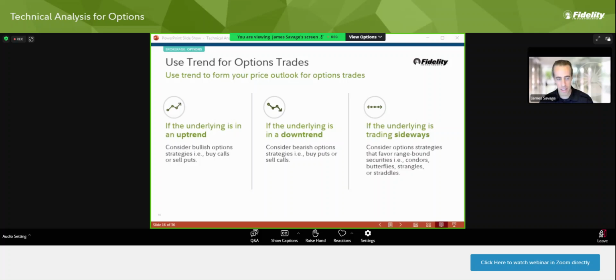But that should be at the forefront of your mind: the price outlook and the strategy. If you're looking at an uptrend and you expect that uptrend to continue, you should be looking at bullish strategies. If you're looking at a downtrend and you expect that downtrend to continue, we want to be putting on bearish strategies.